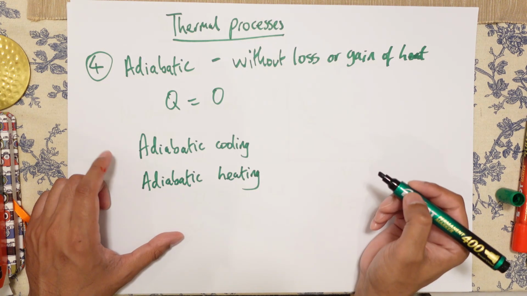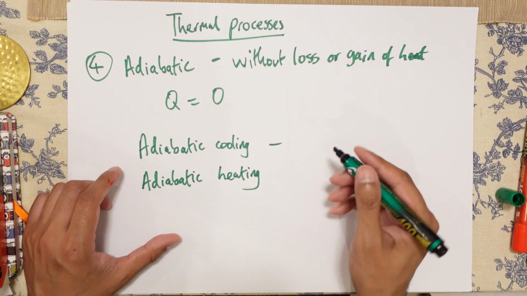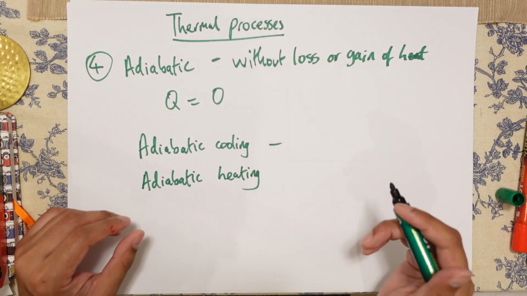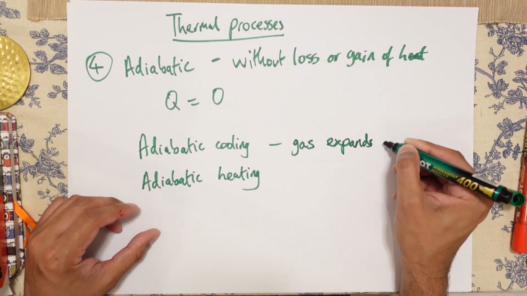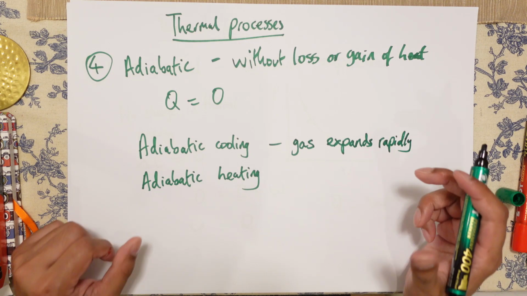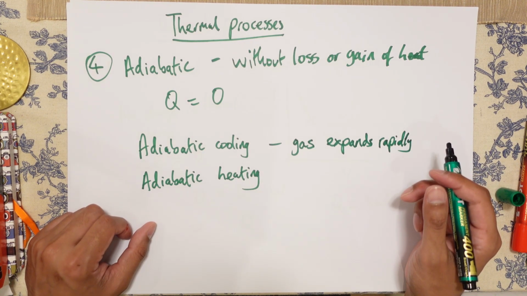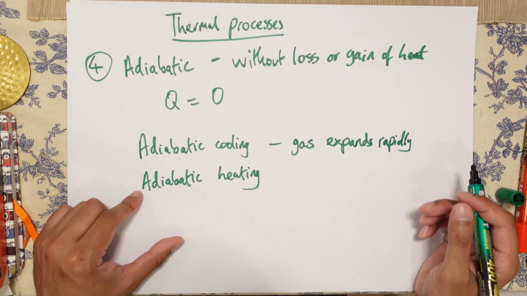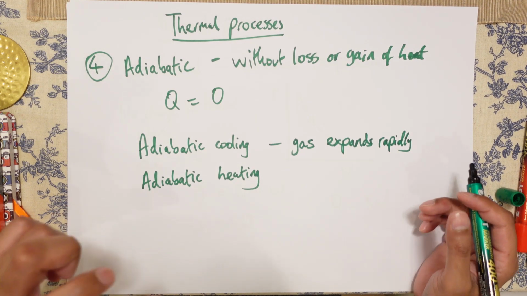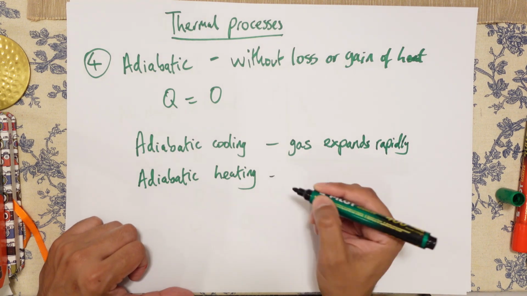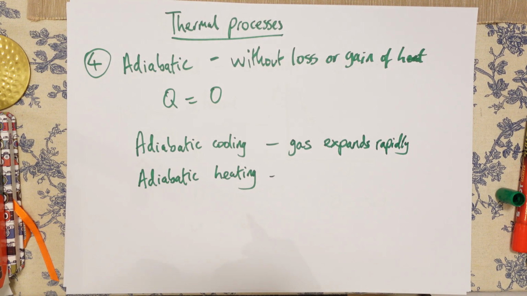Now during adiabatic cooling, what happens is, like, your gas, it expands rapidly. So gas expands rapidly, and as it comes out, it just cools things down. So if you let air out of a tire, you'll notice it's super cold as it comes out. Adiabatic heating is the opposite. If you have a piston, like a bicycle pump, and you keep pumping the thing, it gets like very warm.